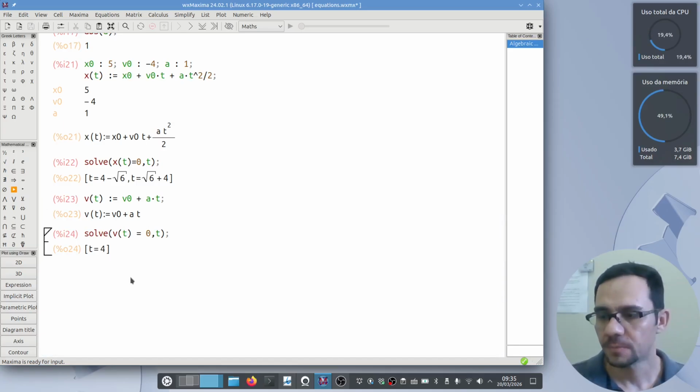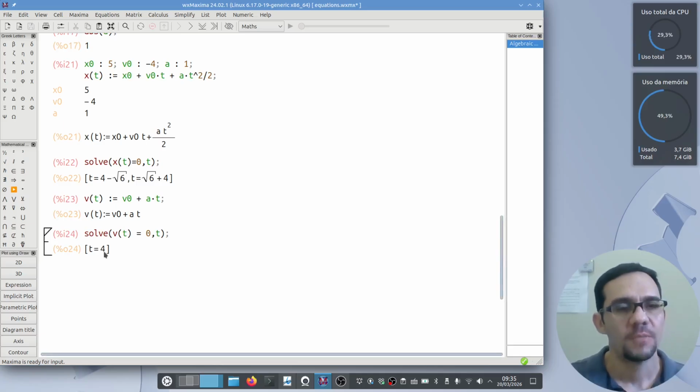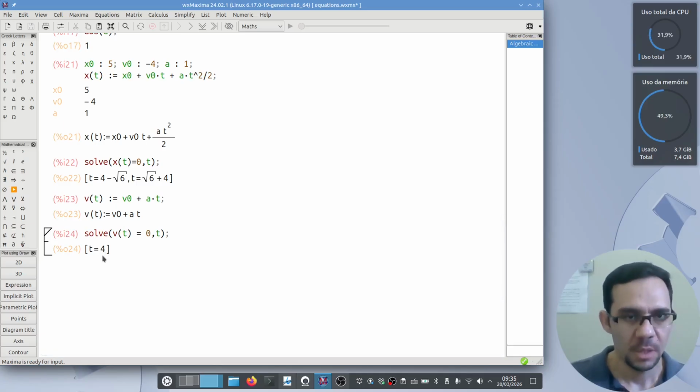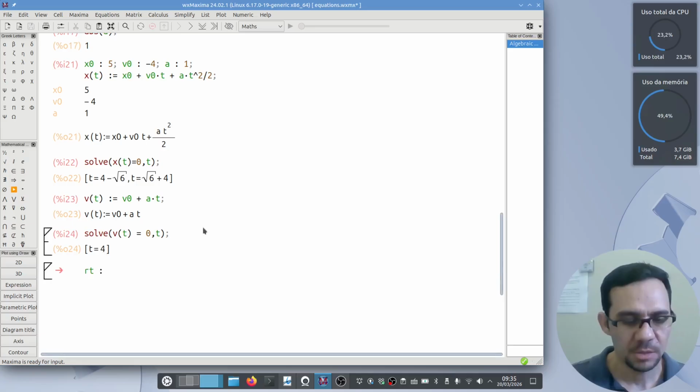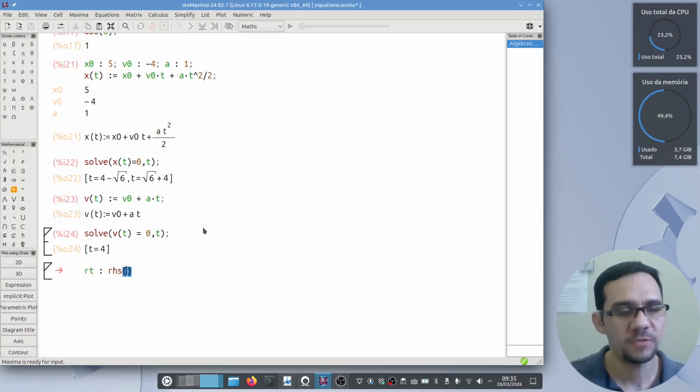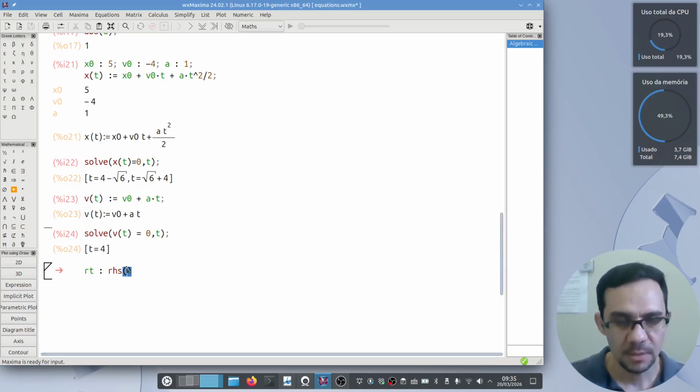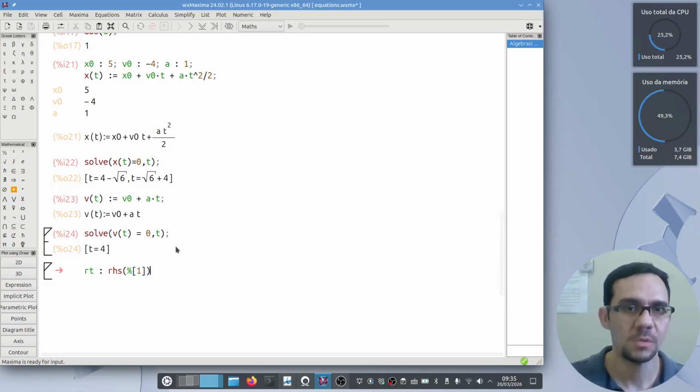We are going to select this solution. In this case, I'm going to say that the return time was the right hand side of this output. That is the last output. But this output is a variable, so we can make this.